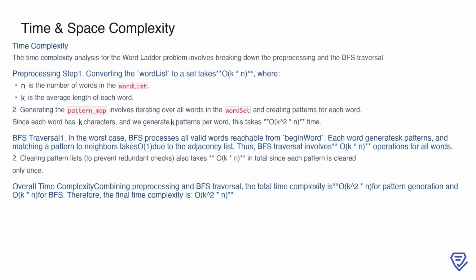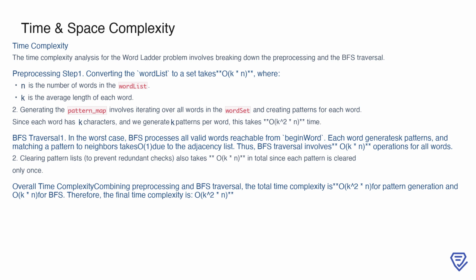Now, for the BFS traversal, in the worst case, we process all valid words reachable from the begin word. Each word generates k patterns, and matching these patterns to their neighbors is O(1), due to the adjacency list. The BFS traversal, therefore, takes k*n operations for all words.